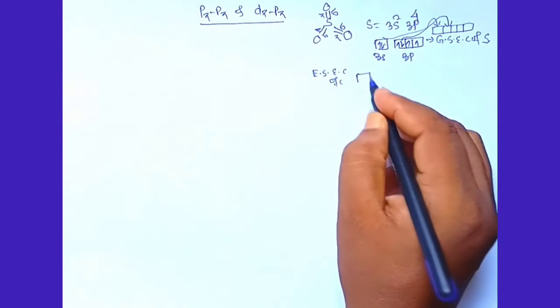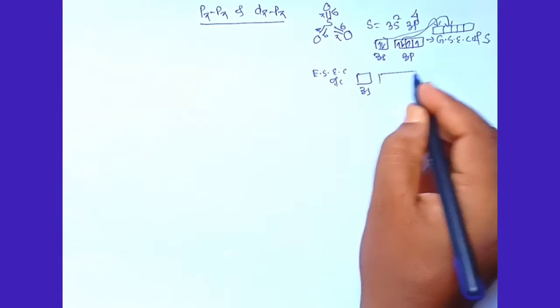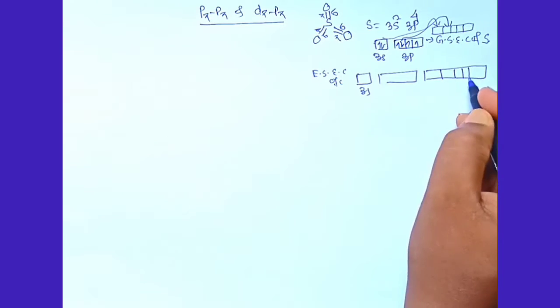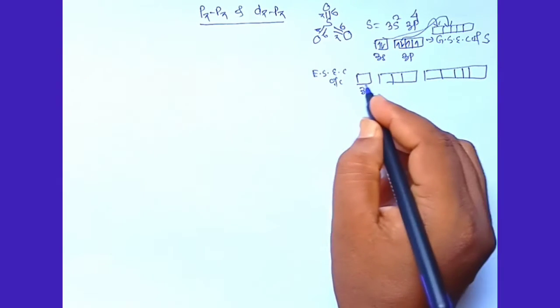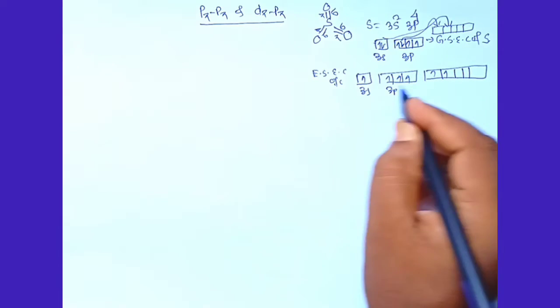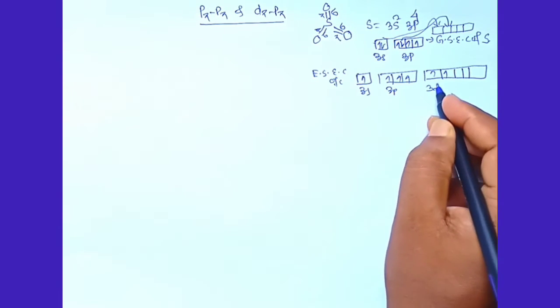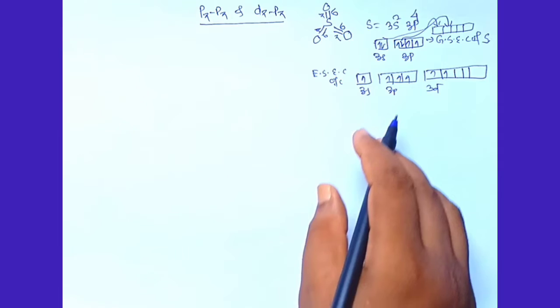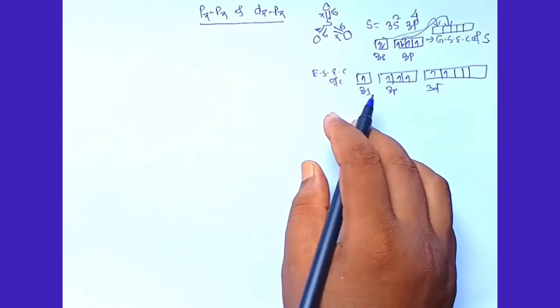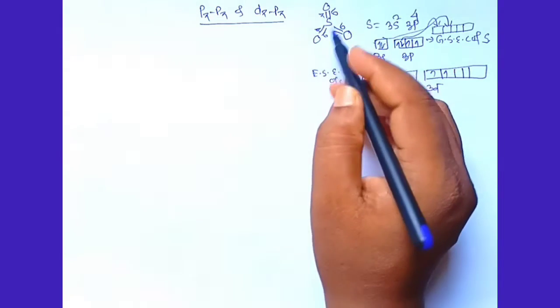So again we write the electronic configuration 3s, 3p and 3d. So here 1 electron, here 1 electron.